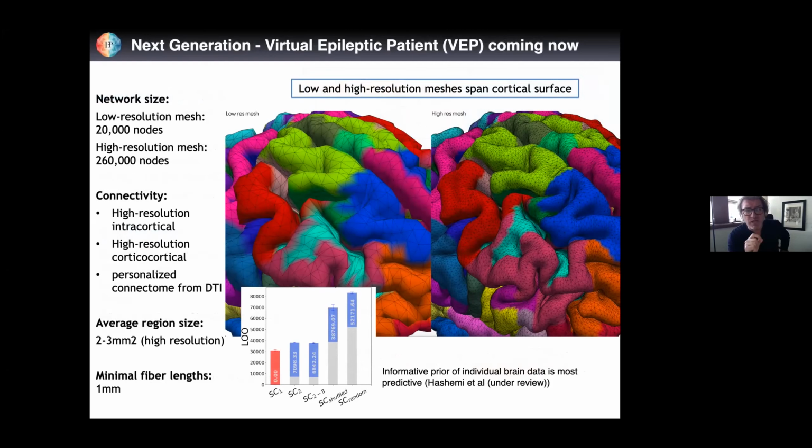Network size, what we can run on our computers at home, in-house, 20,000 nodes. I can do this. We can do this. It takes a long time on our high performance cluster, but it is doable. What is coming out of FreeSurfer as a standard resolution when you want to have this meshed here is 260,000 nodes. No way we can do this. With 260,000 nodes, we need different computational resources.